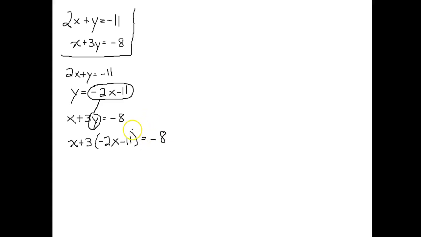Okay, now that I've made my substitution, I've got one equation with one variable, x. I'm going to proceed to solve for x.